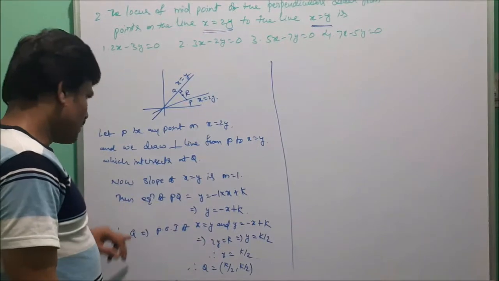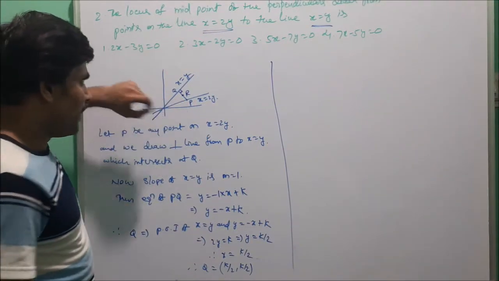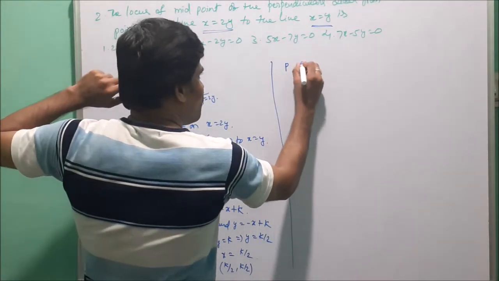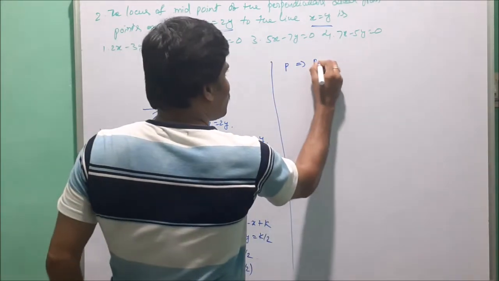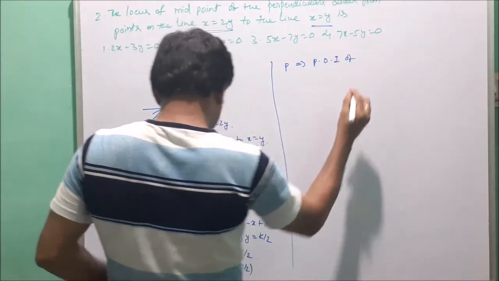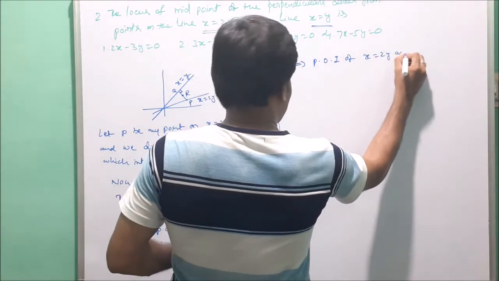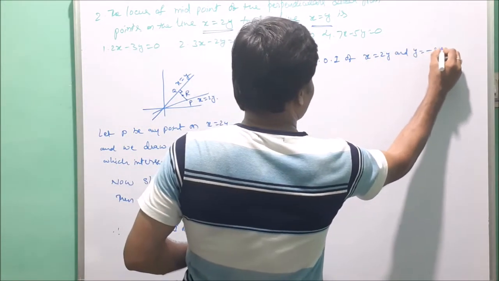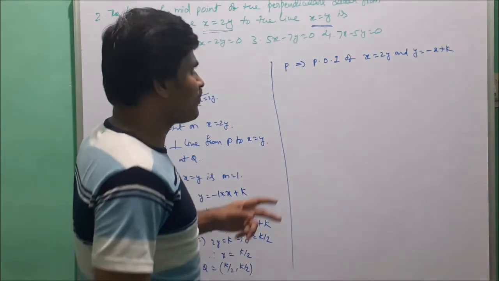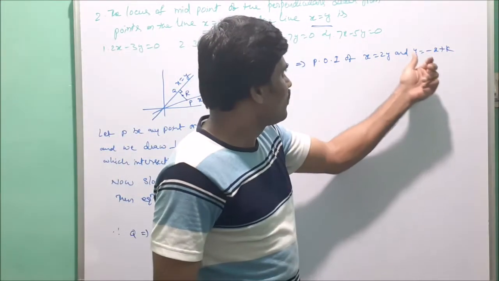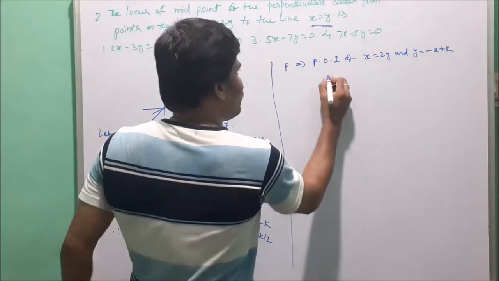Similarly, next we find the point P. P is the point of intersection of x equals 2y and y equals minus x plus k. Here also we add these two equations.